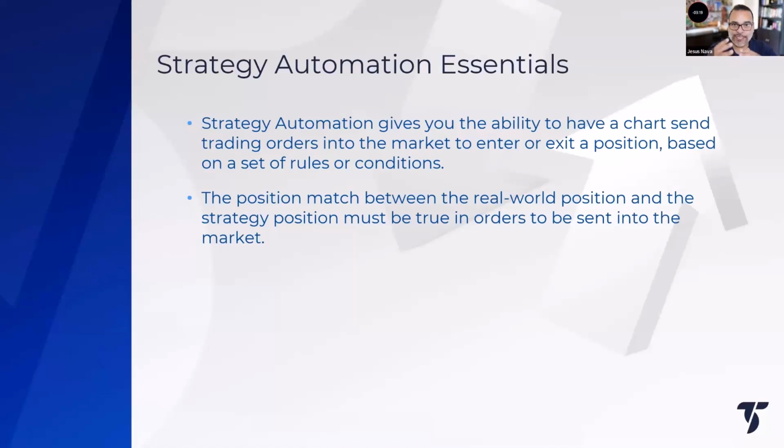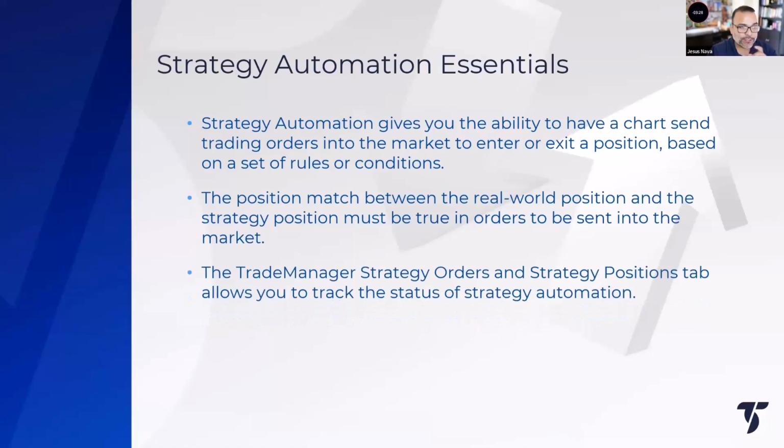So there's got to be a connection between what the strategy is doing and what your live brokerage account is doing. The Trade Manager Strategy Orders and Strategy Positions tab will allow you to track the status of strategy automation. These are two tabs that we don't use regularly when we open up the Trade Manager.